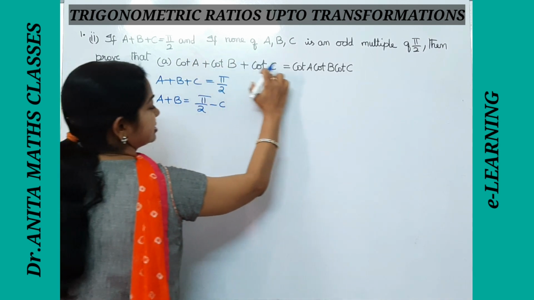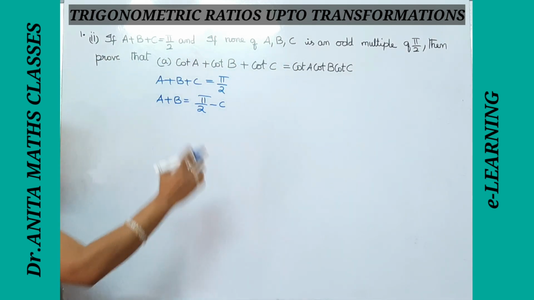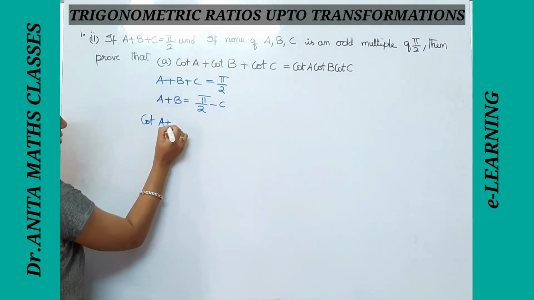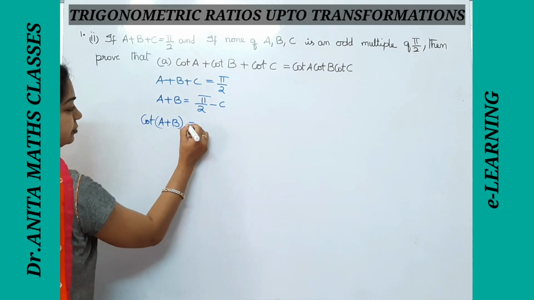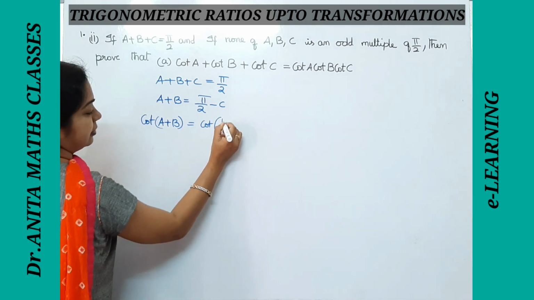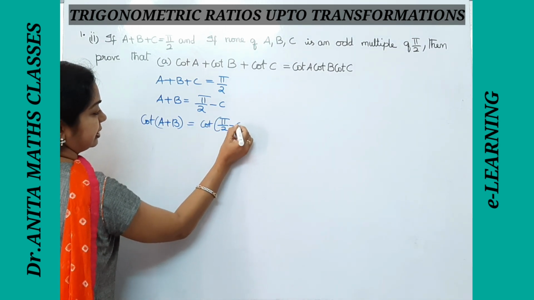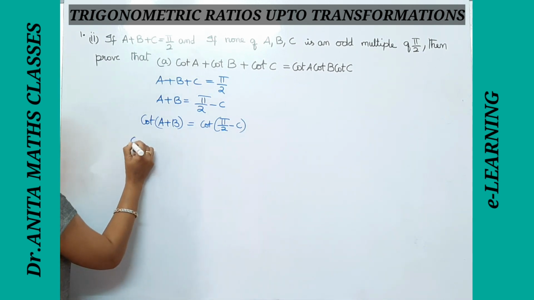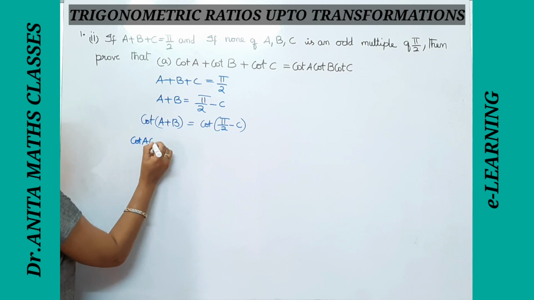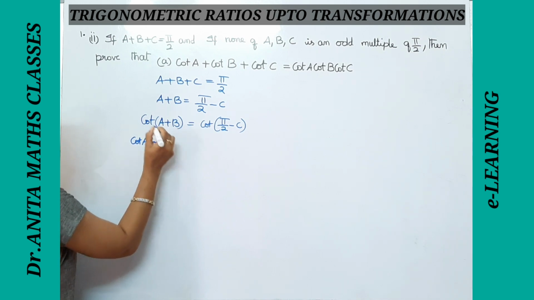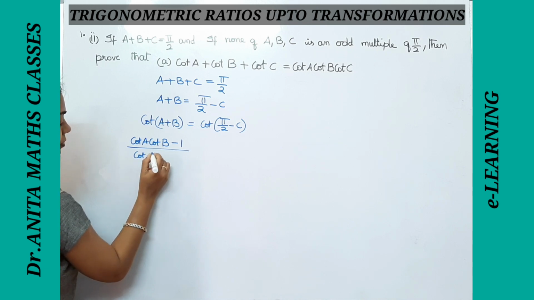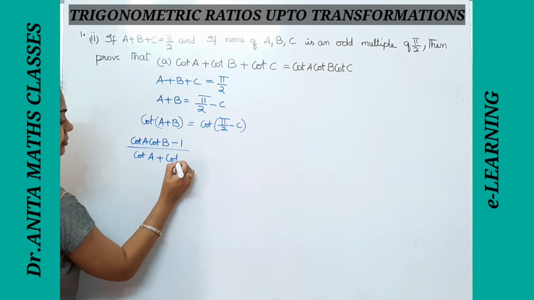Since this is in cot, let me apply cot to both sides. So that is cot(a plus b) equals cot of (pi by 2 minus c) here. Now cot(a plus b), we will expand it. So that becomes (cot a cot b minus 1) upon (cot a plus cot b).